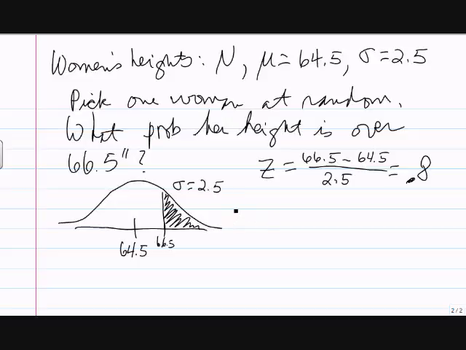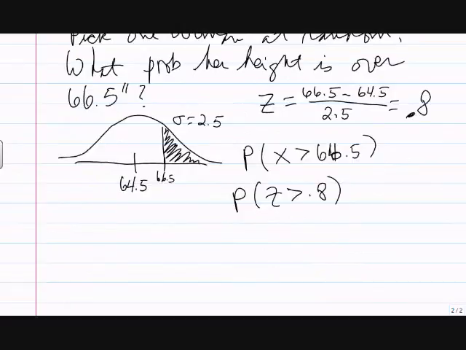Okay, so now if I want to find the probability that I get a woman over 66.5 inches, that's the probability that I got a z over 0.8. And how do we get that number? You can get it from your textbook, from the table A. You always have the table A, but I like the shortcut, which is normal CDF.